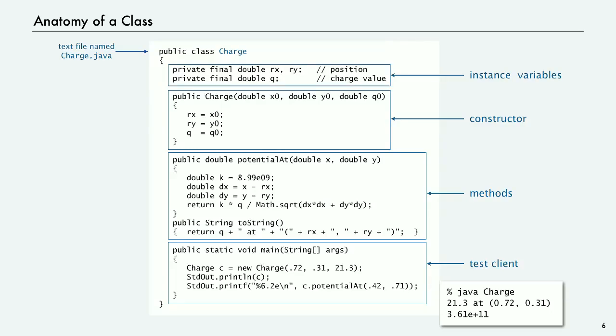And then inside the braces go our four components, the instance variables, the constructor, the methods, and the test client. Now, main is a static method, and you can have other static methods in a class, so we're familiar with that. These methods here are not static, and we'll talk about what that means. That's really the essence of what goes on with object-oriented programming. And that's really what this lecture is going to be all about.